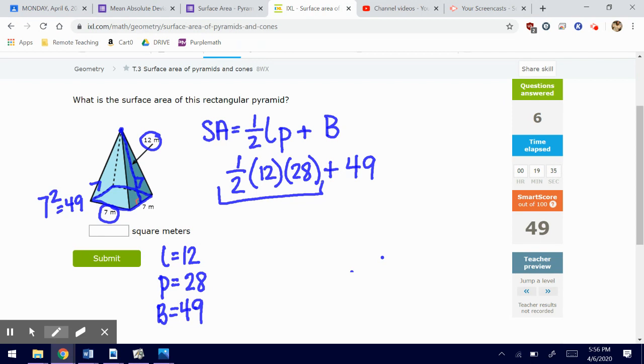Instead of 1/2, I'm typing 0.5 times 12 times 28. And I get 168. I'm bringing down the plus, bringing down the 49. And I'm adding them together. 168 plus 49 is going to equal a total of 217 for the surface area of this pyramid.